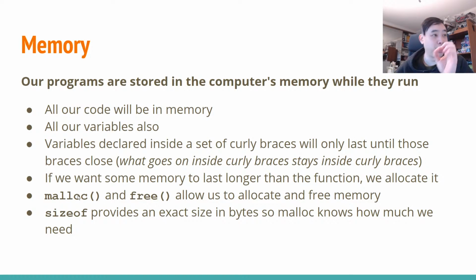So it's a piece of memory that I've decided I'm going to use. When I'm finished with it, I can say, okay, free this memory, give it back so the computer can use it for other things now. When we're using malloc, we use sizeof to say, I have a type for a variable and I would like exactly enough memory to store that particular variable.